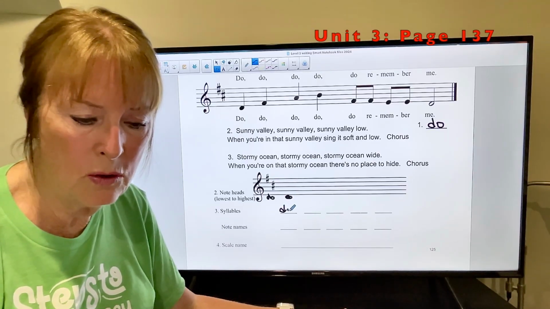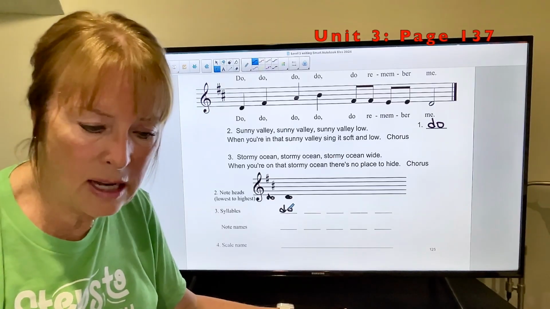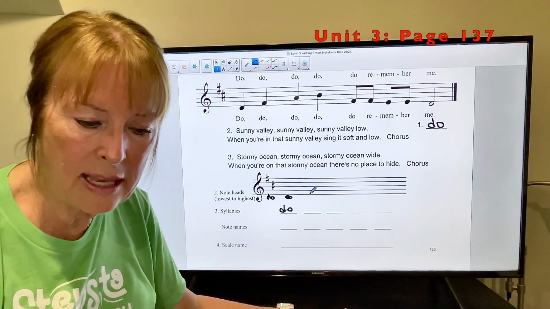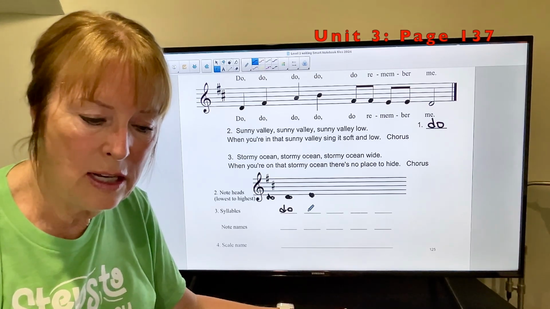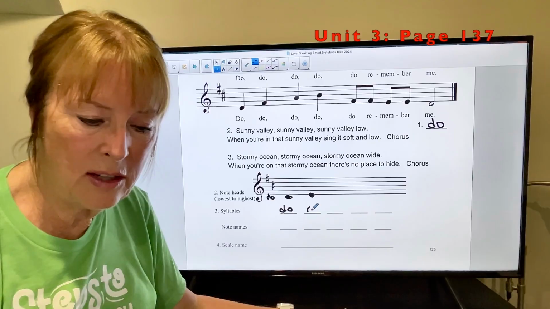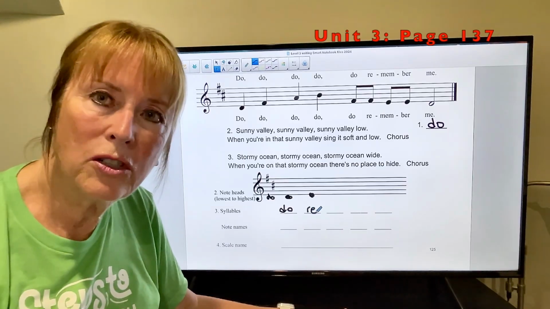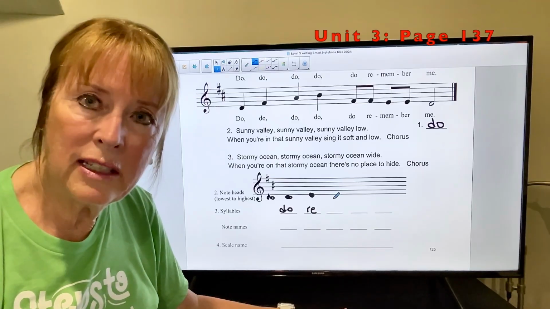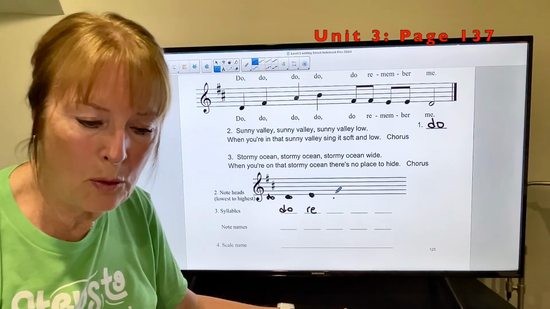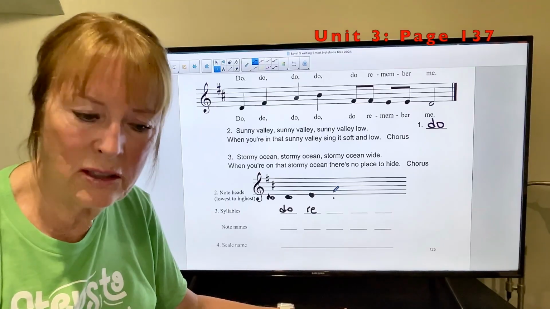That was our do. And then we had the next higher note in this song, which we sang a re, which would be 1 line higher. So we're going to put that in there. And this worksheet is in the books. It'd be in level 3, and you can find that on the web on Steps to Music Literacy.